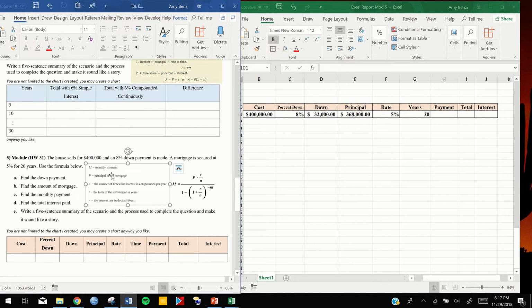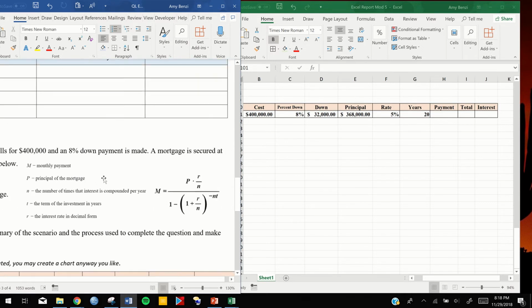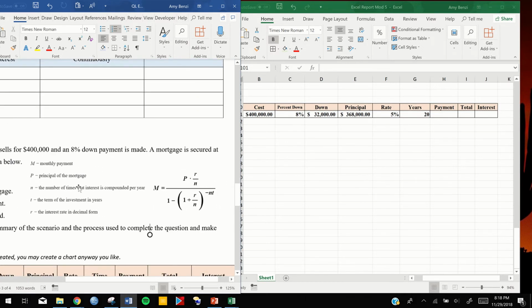Here we're going to see what each variable stands for. The M stands for the monthly payments, principal of mortgage. N is the number of times that the interest is compounded each year. So N, if it's compounded quarterly, would be 4. If it's compounded monthly, N would be 12. You see how that works? Bi-monthly, N would be 6. So stuff like that.